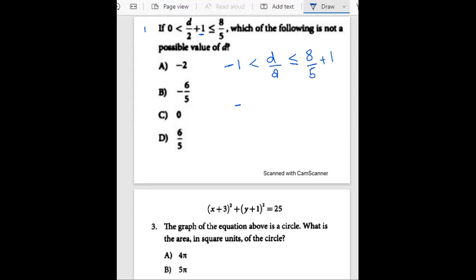Okay, this should be minus 1. So this would become what? That d by 2 is greater than minus 1 and it is less than 3 by 5. And if I take this 2 on both sides, I will get minus 2 less than d less than equal to 6 by 5, right, Ishal?